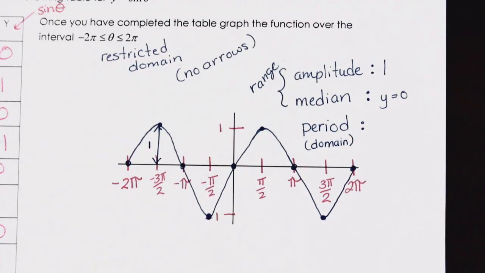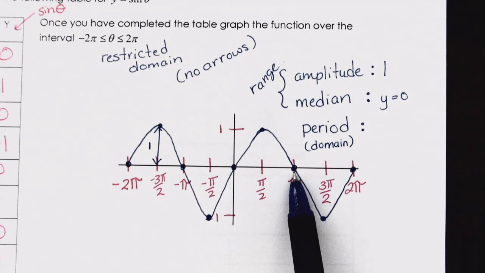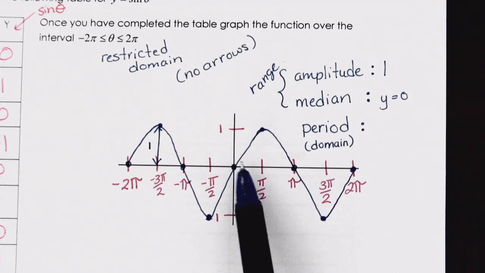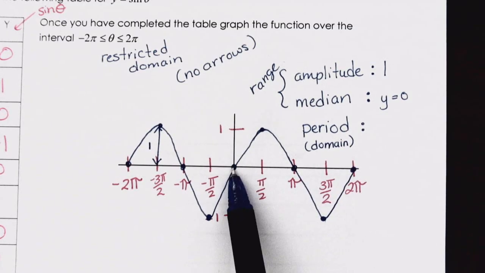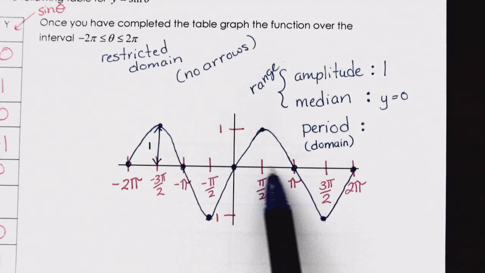All right, so Gazzy was kind enough to pick 0 on the domain. So what y value is it when x is 0? Y is 0. Where do we hit 0 again? Pi. Does this show the entire graph between 0 and pi? No is the correct answer.